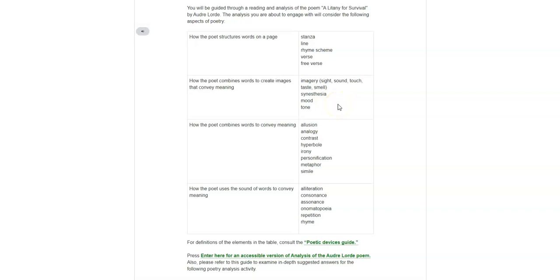Next in poetry is the idea of creating images and conveying meaning. Imagery, mood, tone, and even synesthesia are really important to identify within the poem. Imagery is meant to bring the reader in because these are things they can see, hear, and touch themselves, so it evokes a certain idea within the reader's mind.